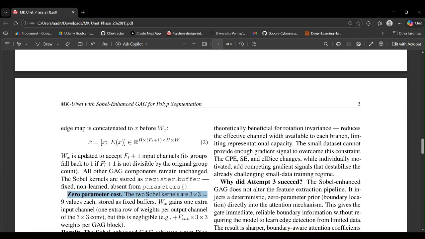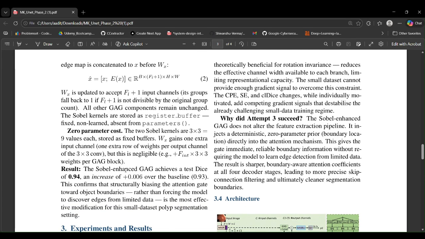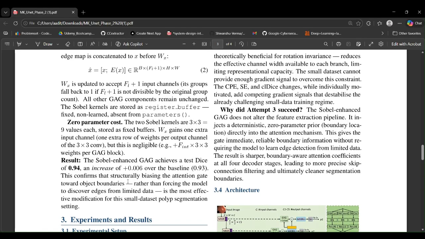It also has a negligible parameter cost, but we do incur some cost due to the increased channel sizes that we get after using the Sobel signal.